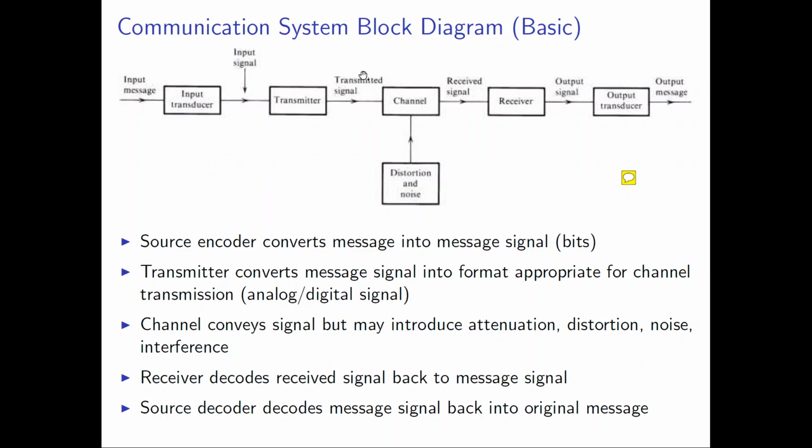So what do you have? You have a transmitter here. But this transmitter has an analog to digital converter. It has modulation, encryption, encoding, interleaving, amplifier, filters. Many blocks are embedded inside this simple one transmitter.